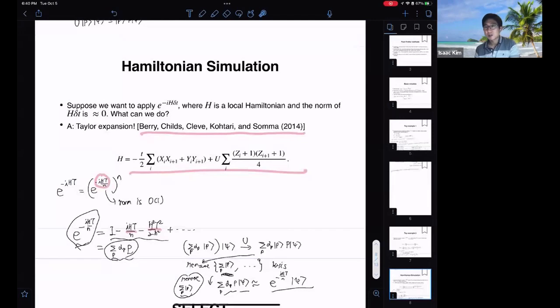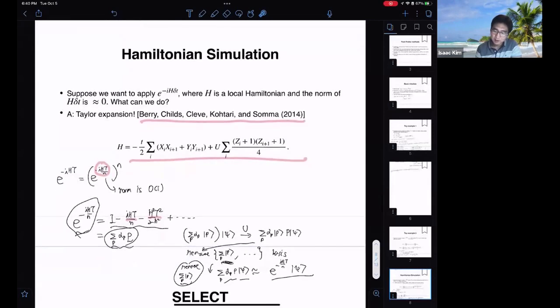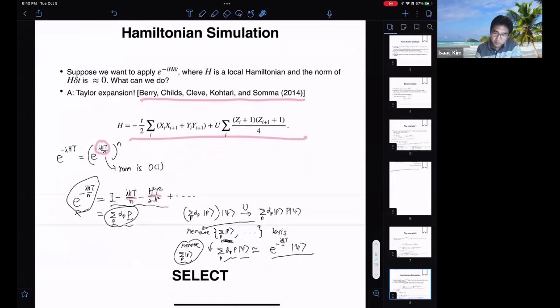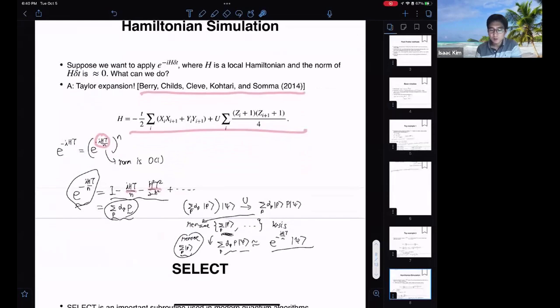If your success probability is, let's say, half, and you want to simulate a very long time, the probability that you'll fail at least once will be very large. It'll be very close to 1. So this is not a very good approach. You need ways to fix this.